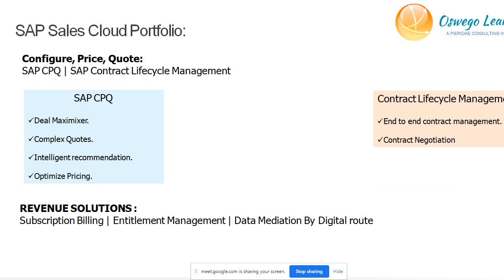Then we have configure price quote, which we already discussed. For any complex product, it can accurately configure the product parts. It can give all the pricing, accurate pricing, and accurate quotation with the help of the artificial intelligence module Leonardo, because it is integrated with Leonardo. So it helps as a deal maximizer.